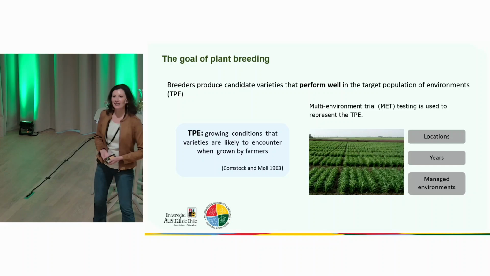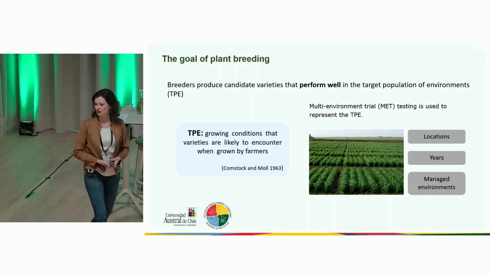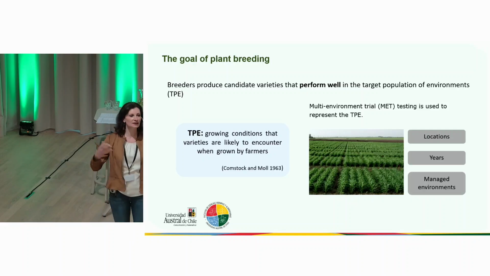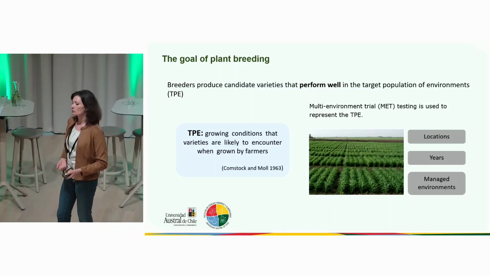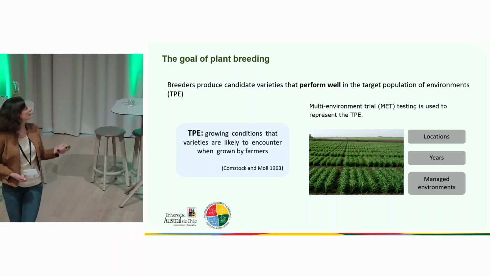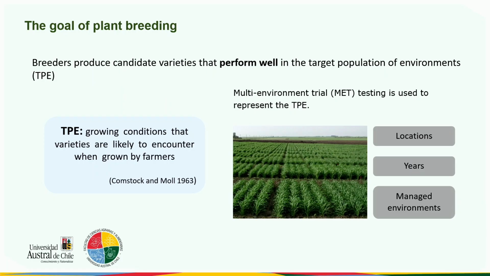So we have been talking a lot about the target population of environments. This is a recap of what we are trying to do. We have this set of environments that are interesting for breeders and for farmers, and we want to represent them by a number of locations, years, and managed environments, like Professor Pifo was illustrating this morning. We try to select those years and locations as well as possible so that they can inform what is happening in the farmers' fields.